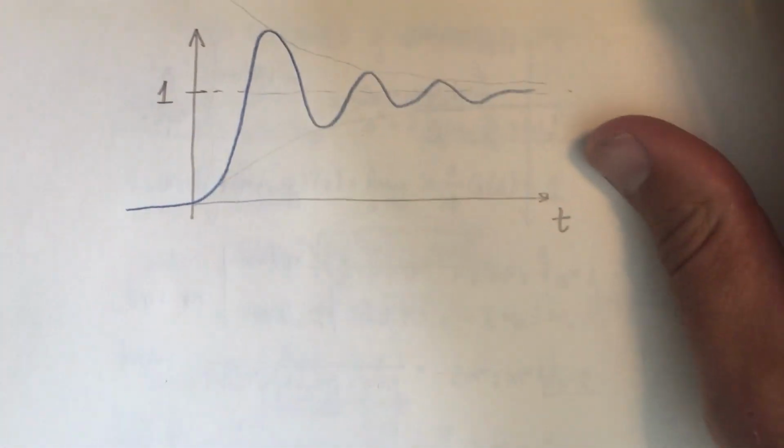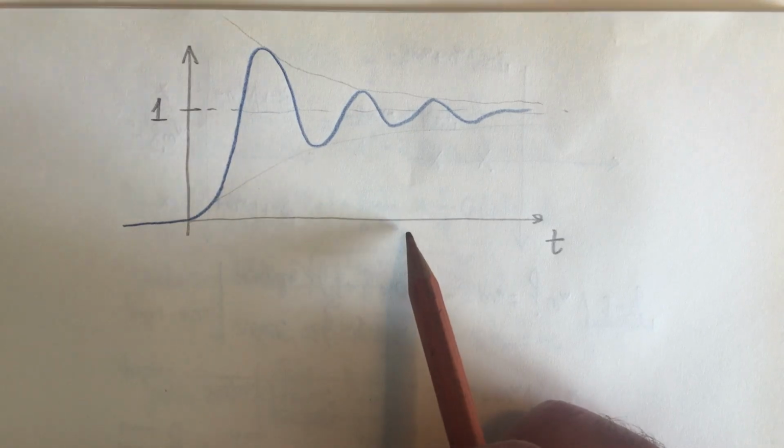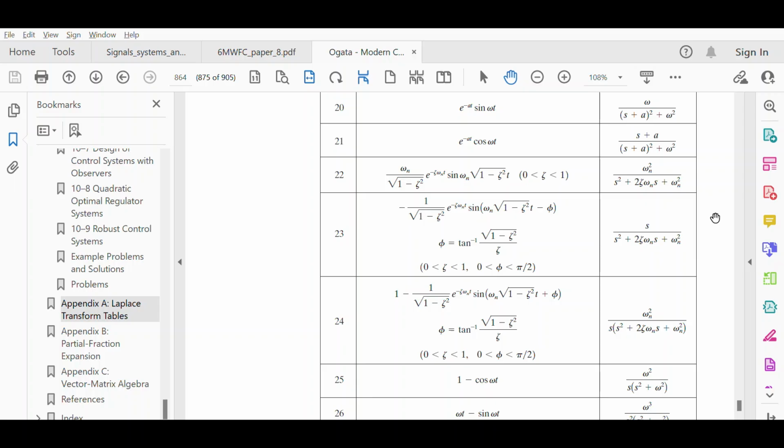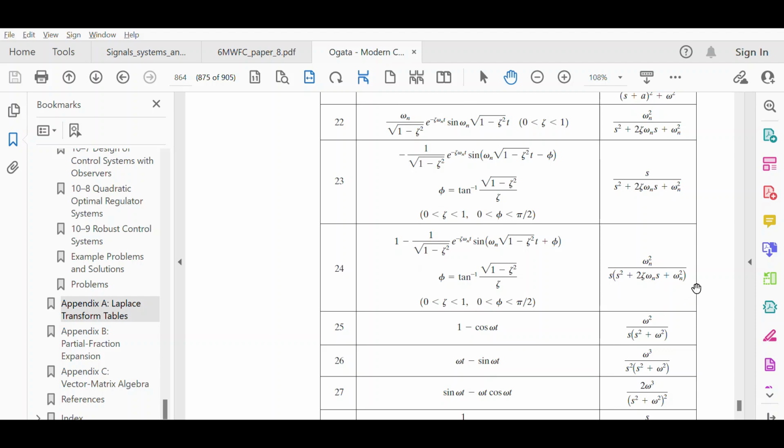We can confirm this response by taking a look at a Laplace transform table. This Laplace transform table is more complete than the one you can find in my lecture notes. In this table, we find the Laplace transform that we need for the unit step response of a second order system without zeros when the damping coefficient, here represented by a zeta, is less than 1.